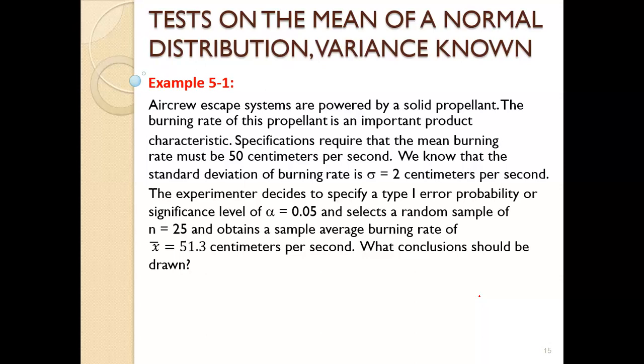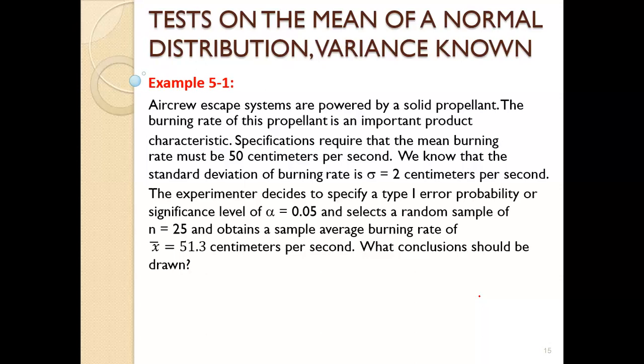The spec requires that the mean burning rate must be 50 centimeters per second. This is the spec. And for this sample, we know the population standard deviation is sigma equal to 2. We know the population variance, so you use the Z distribution.